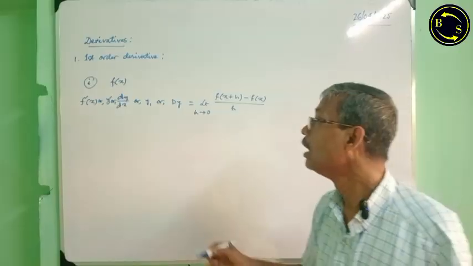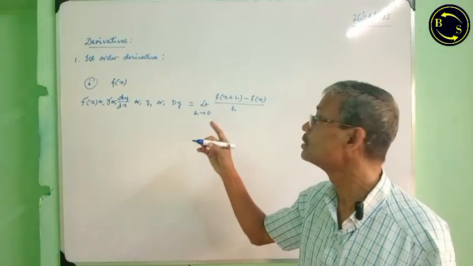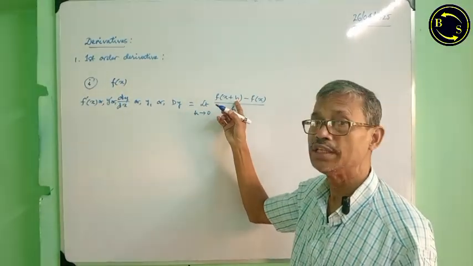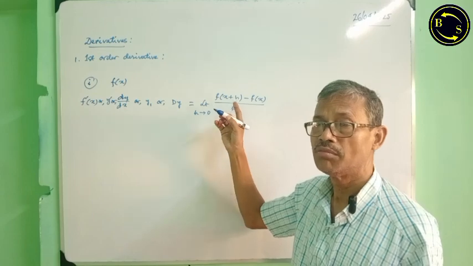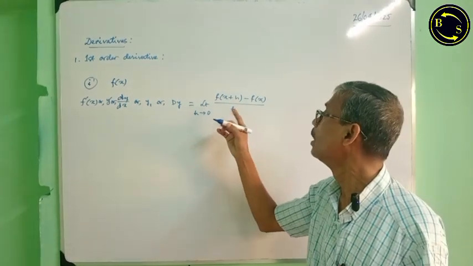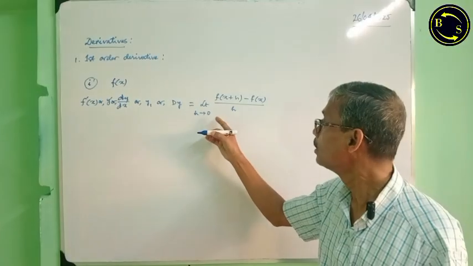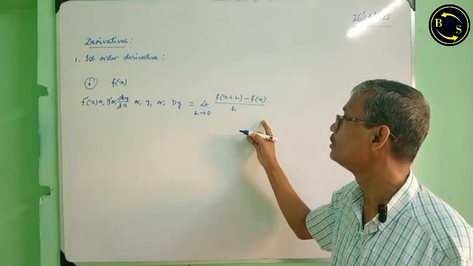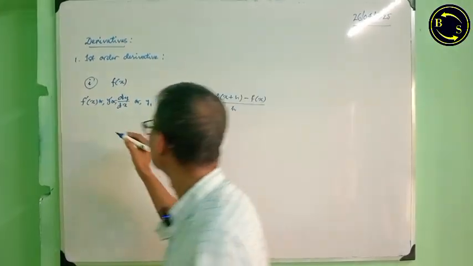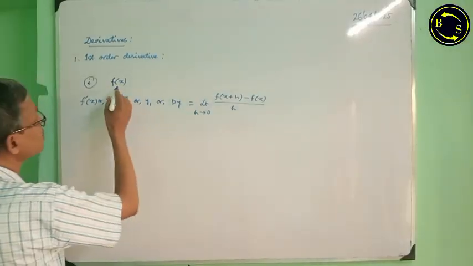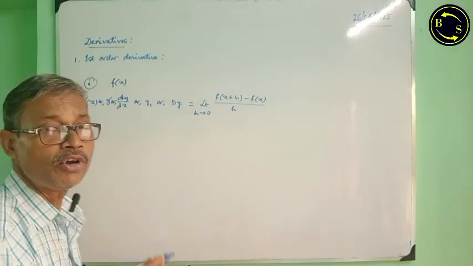Actually, we write delta x in place of h initially, but we replace that delta x by h, then the revised form is this one. Then this is the derivative of the function f(x) at any point x.